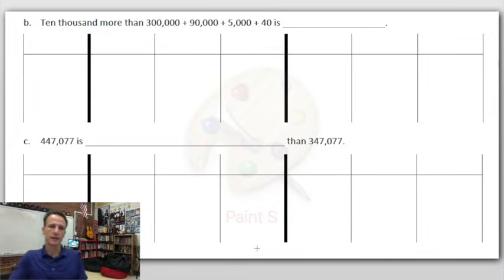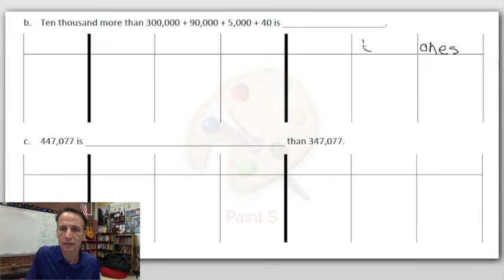All right, now we're on to B and C. So same instructions as number 1. So let's just take the time right now and label both of these charts. So ones, tens, hundreds. Then after the comma there, that little group of three break comes, that's right, thousands.